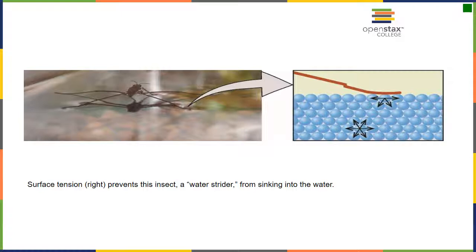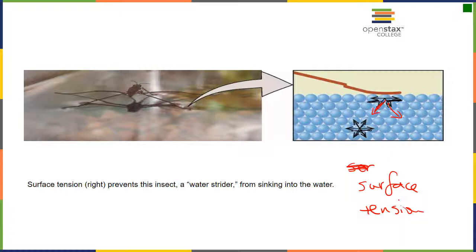So how does this work? The molecules inside the liquid are being pulled evenly in all directions. But the molecules on the top of the surface are going to have a pull side to side, and then a pull down. This net pull down causes a force on the top, and surface tension, by the way, is actually the force required to flatten out the surface.